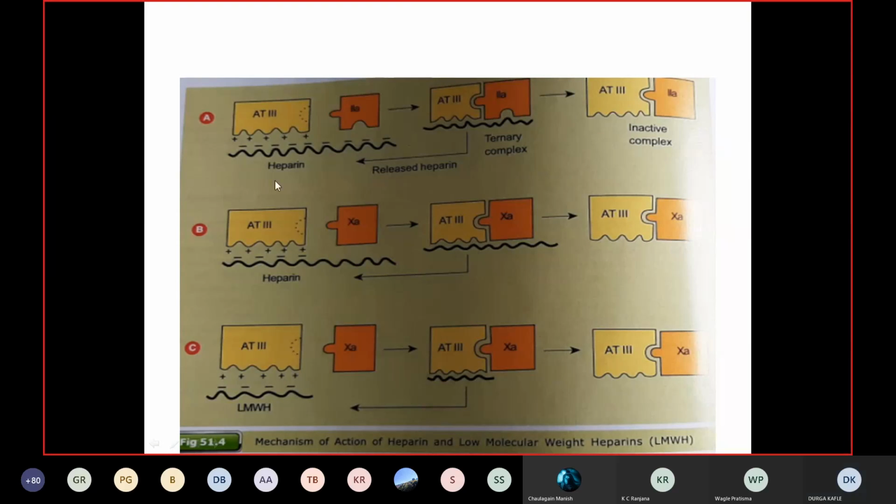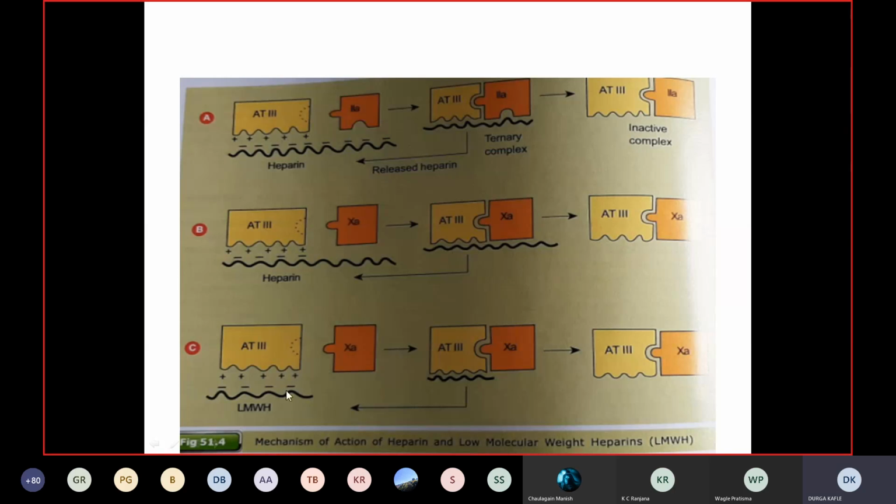But you can see here this factor 10, activated factor 10, does not require the full coverage of this factor as well as antithrombin 3. Even if it covers the antithrombin 3 only, this is sufficient for factor 10 to be inactivated. See here, if it covers, it is okay, that is inhibited by this complex.